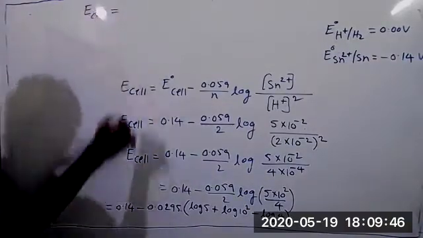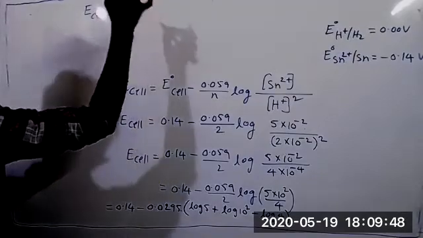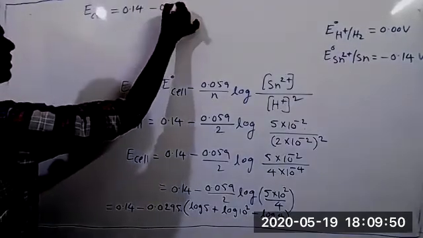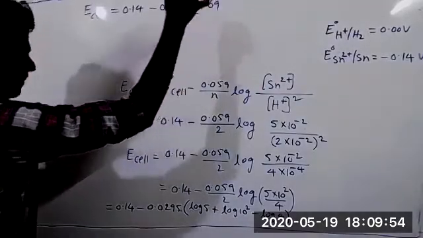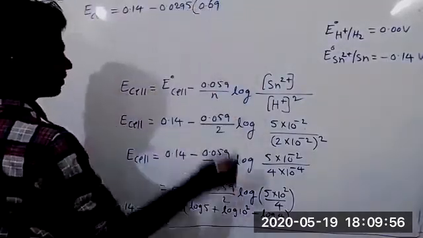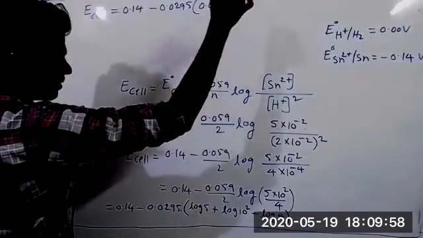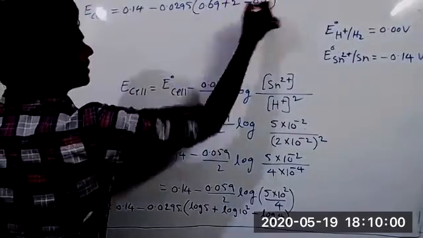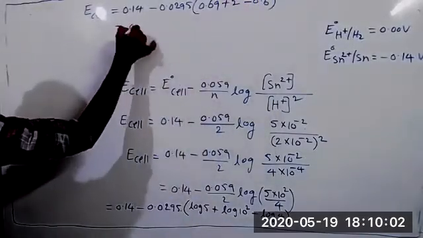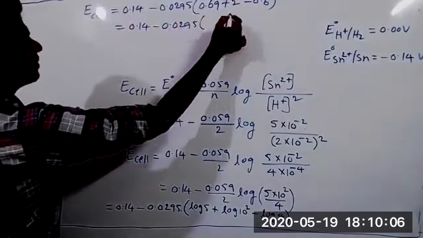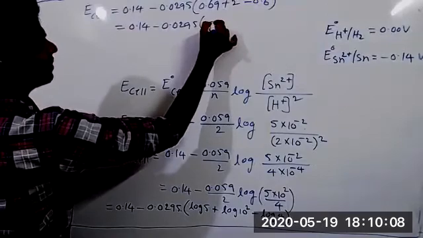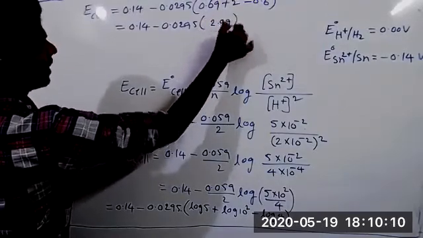E cell is equal to 0.14 minus 0.0295 times log 5 value 0.69, log 10 power 2 is plus 2, minus 0.6. 0.14 minus 0.295 here.